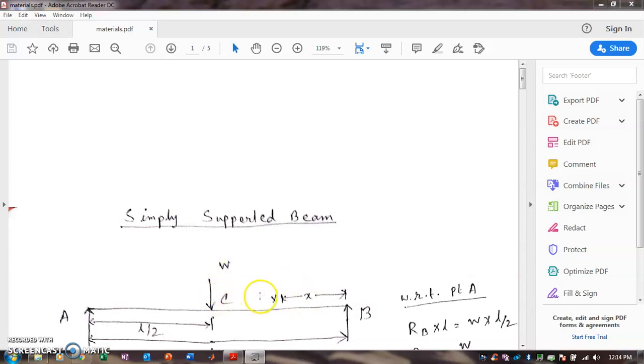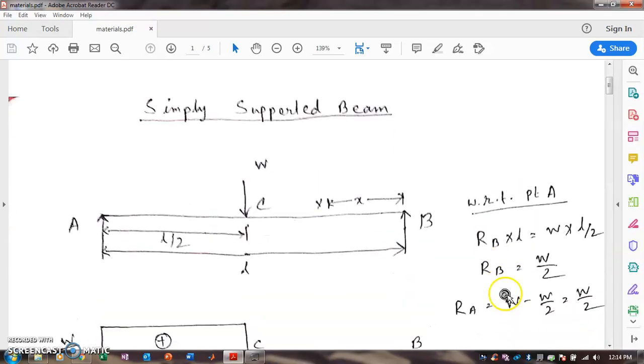So as they are in opposite sign, moment due to RB will be equal to moment due to W. So here we have moment with respect to point A, that is RB into L, moment is force into perpendicular distance, equals W into perpendicular distance L by 2. So here we are getting the value of reaction at B, that is RB equals W by 2.